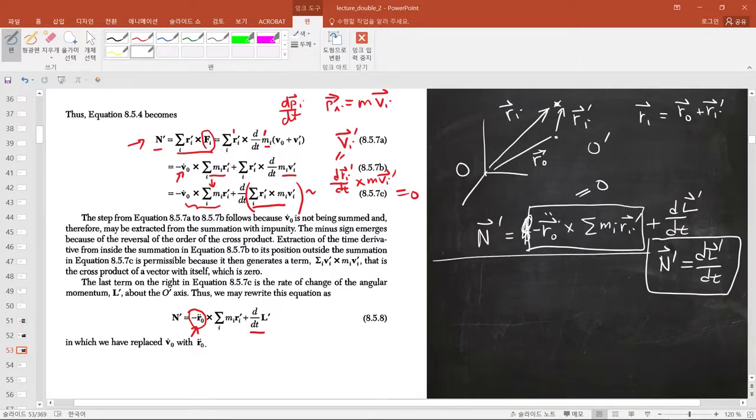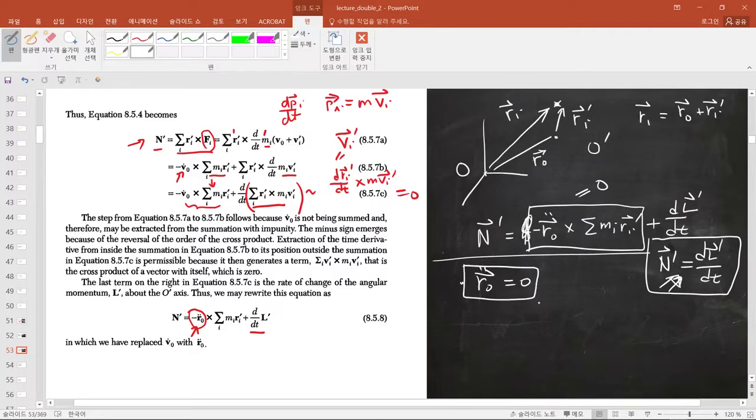The easiest case you can consider is when r0 double prime is equal to 0, then this one holds. So for example, suppose this is the center of mass, and if this center of mass is moving with constant velocity, then still you can use this one.